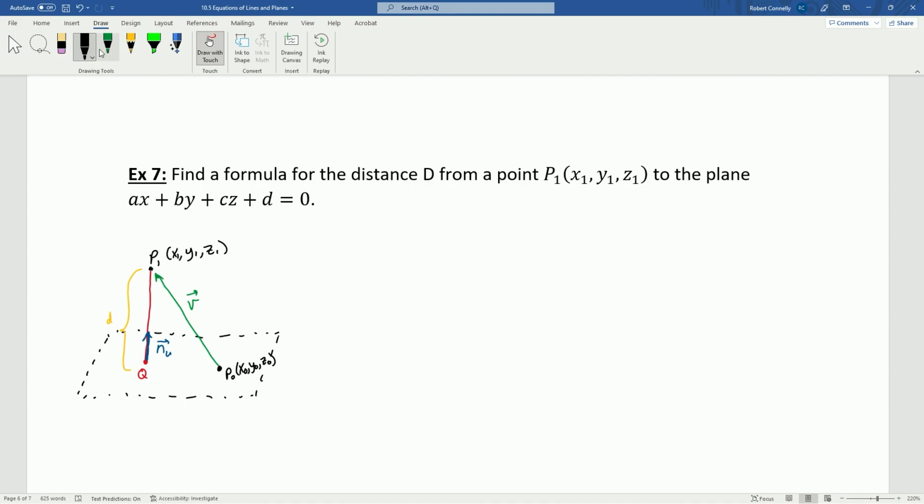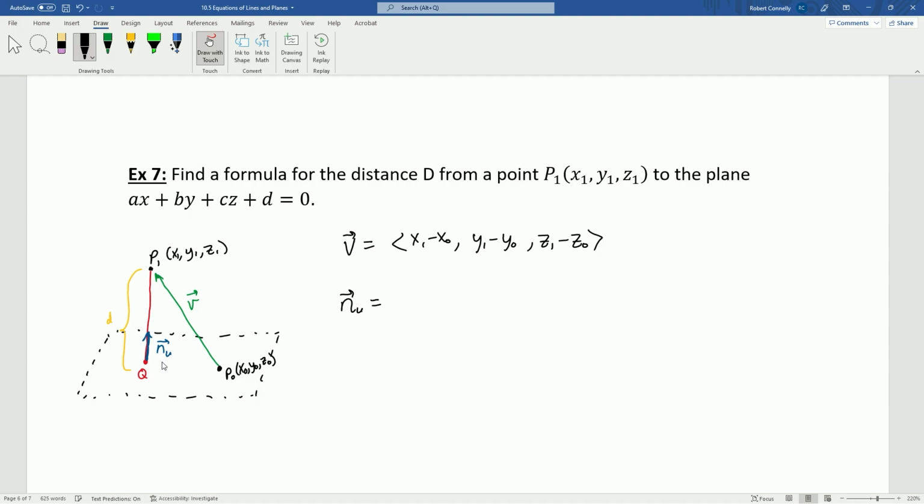Okay, so what does V look like? Well, V is just going to be x1 minus x naught, y1 minus y naught, and z1 minus z naught. Okay, so now what am I actually looking for here? Well, let's get a little bit more information before I do that. So bear with me.